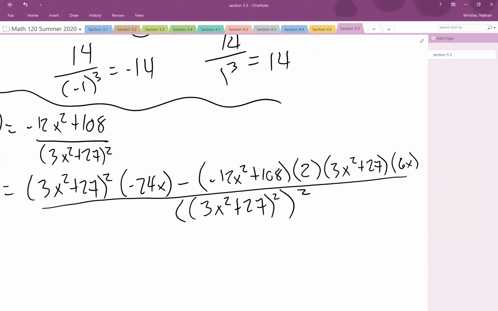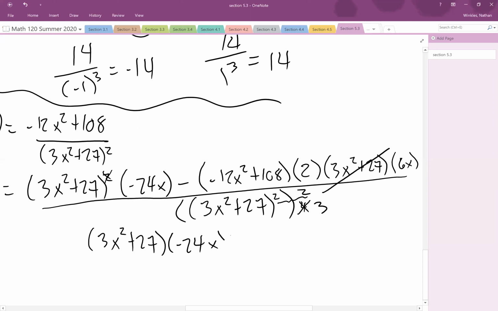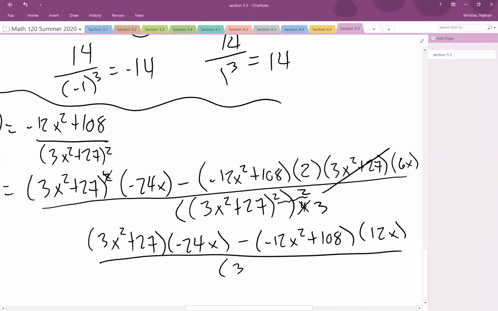So notice that I have a 3x squared plus 27. I'm going to cancel one of them here. This number is a 4, so I'm going to cancel and make it a 3. So we're left with 3x squared plus 27 times negative 24x minus negative 12x squared plus 108 times 12x, all over 3x squared plus 27 to the third.